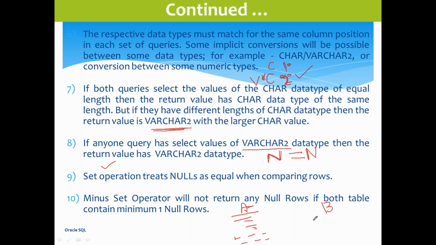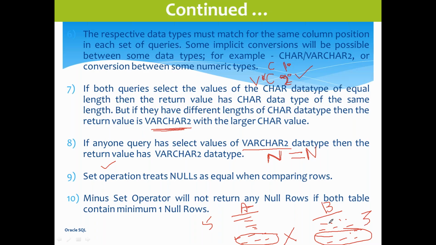Similarly, B is another table, where some rows have data and in some rows null, null, null is there. Whenever we are doing the MINUS operator, these nulls will not come into the picture. Totally it will ignore them. Suppose in table A 5 rows have only nulls, and in table B 3 rows have only nulls. It will not consider anything.